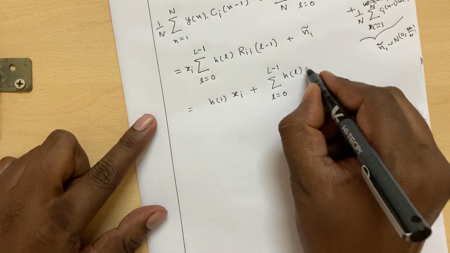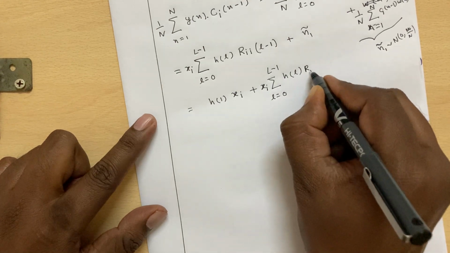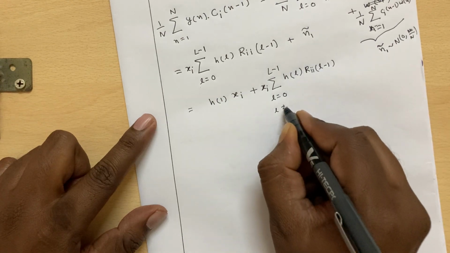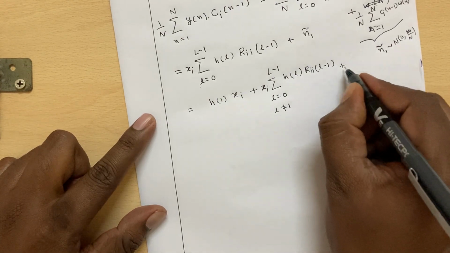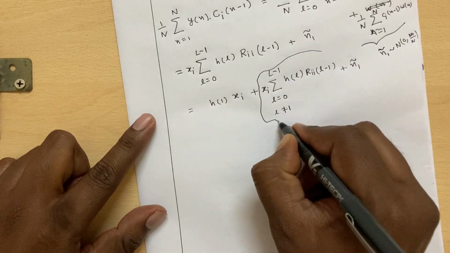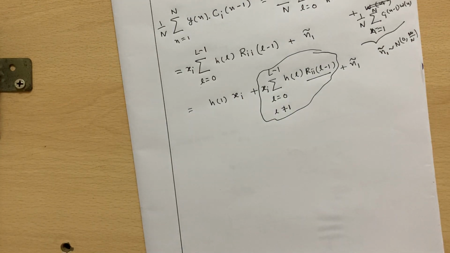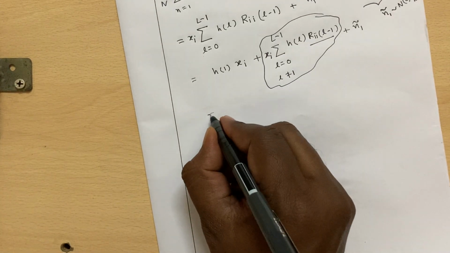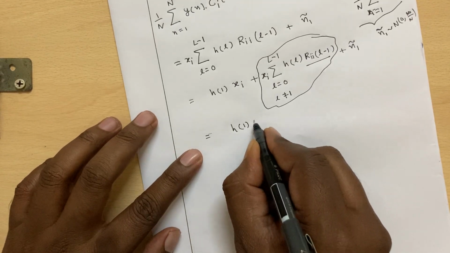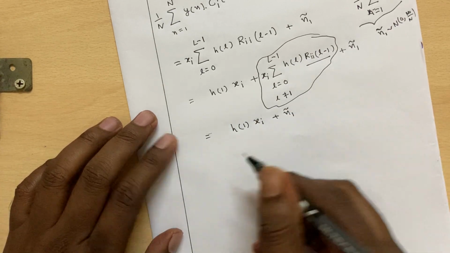It will be removed with the use of the autocorrelation property. Then what we finally get, because of the multiplication with the shifted code word, is h of 1 into xi plus N1 tilde.